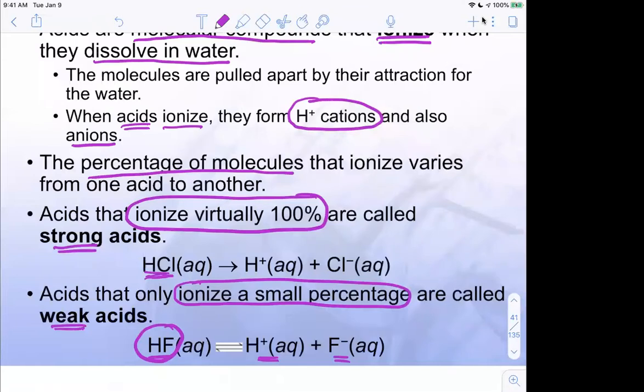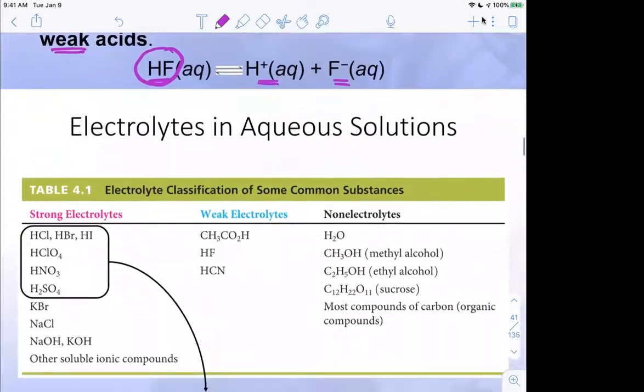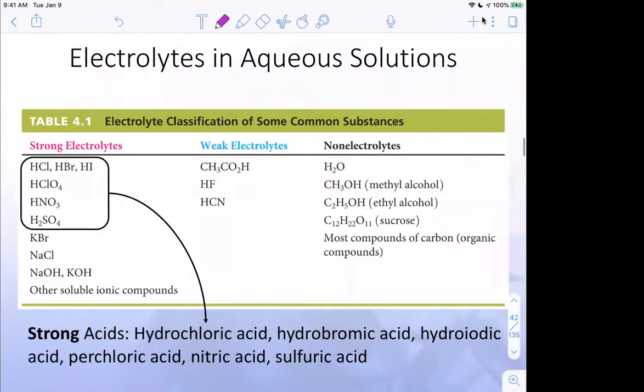Here, HCl almost completely dissociates into H plus and Cl minus. This is pretty much gone, and I have an entire solution of ions, the H plus and the Cl minus in my solution. So when I have a strong acid, and there are only a few of them, you need to memorize these strong acids.